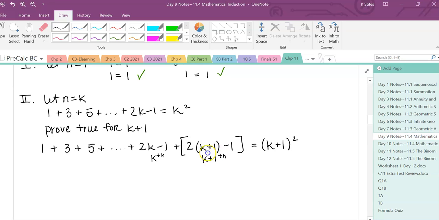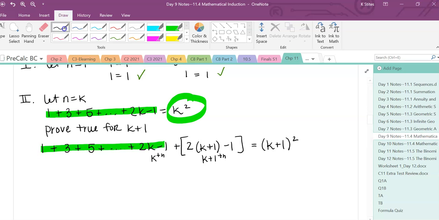I'm just going to leave it like this for right now though, because the next big step is that 1 plus 3 plus 5 all the way to 2k minus 1 is equivalent to k squared. So this whole part right here, we're just going to replace with the k squared. And now I'm going to distribute over here.